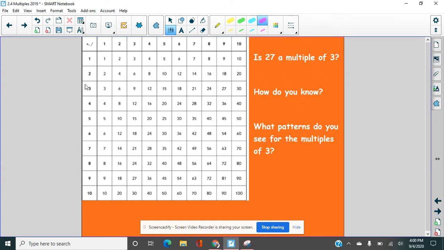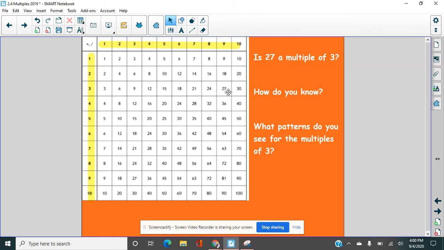So here are the factors. Let's highlight those factors again. The factors are here, and all the multiples are in the middle. So we're looking for: is 27 a multiple of 3? Here's our factor 3. If we count by threes, are we going to say 27? 3, 6, 9, 12, 15, 18, 21, 24, 27.